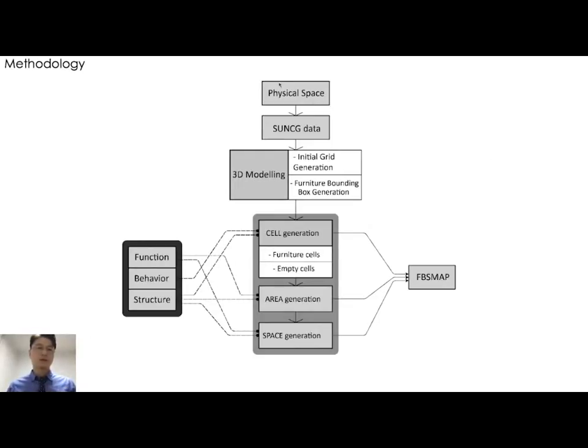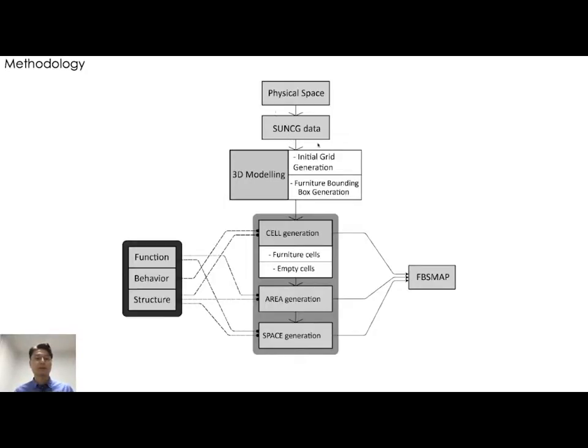and you'll see how we implemented this methodology in the real world. We have this data called SunCG data, which was manipulated and collected from original physical space 3D point cloud scan data, and then simplified and labeled.